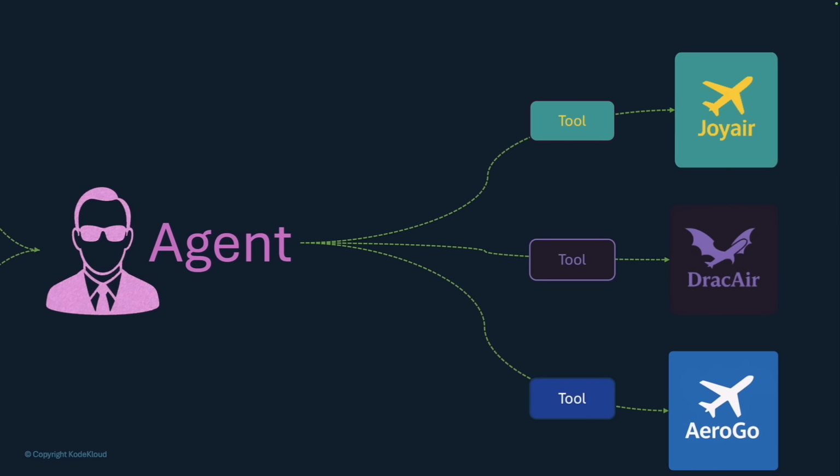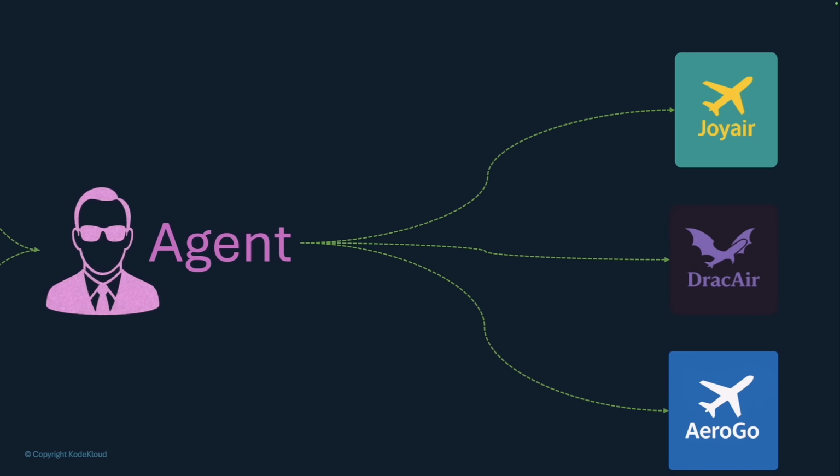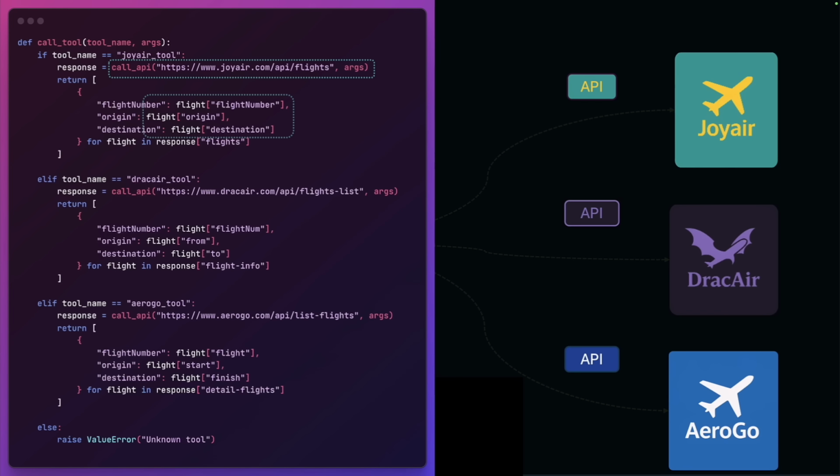Going back to our pseudocode, if you look inside the fetch flight details function, you'll see a tool call for each airline. And we pass in the query parameters to it, such as the origin, destination, date, etc. And we make a tool call for each airline and append the results and return that. Now, if you take a closer look at that call, you'll see that each call is different. The first one is API/flights.